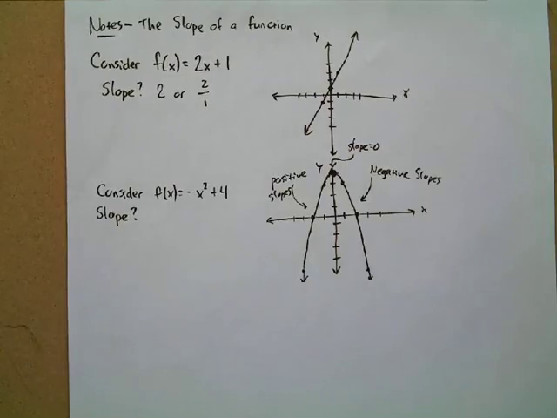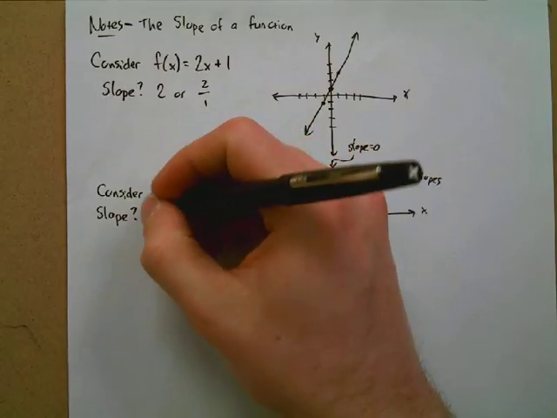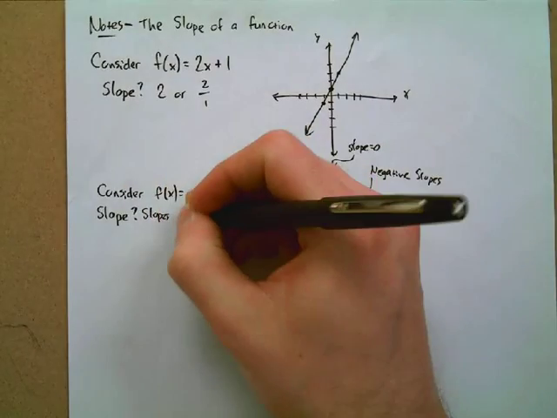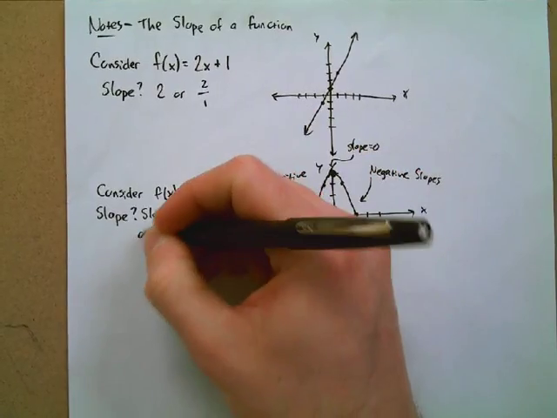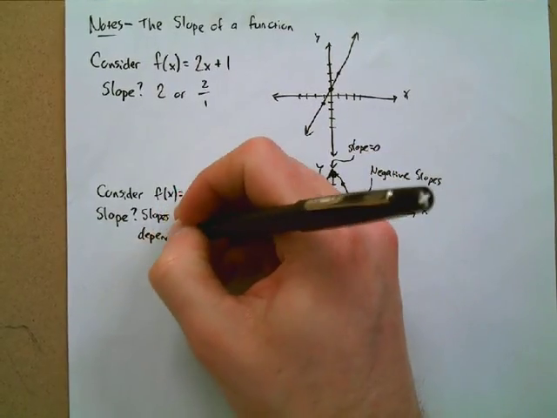So for some points on our graph, we're going to have positive slopes. For a point on our graph, we'll have a 0 slope. And then for other points on our graph, we'll have a negative slope. So the question, what is the slope of this function, is a bit misleading, because the slopes are changing depending on your location on the graph.